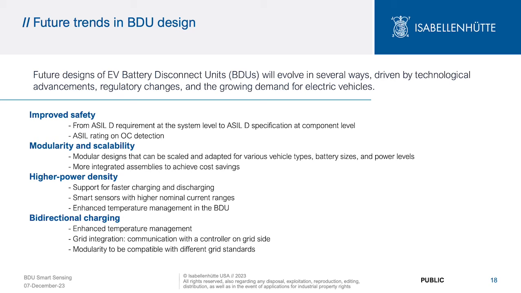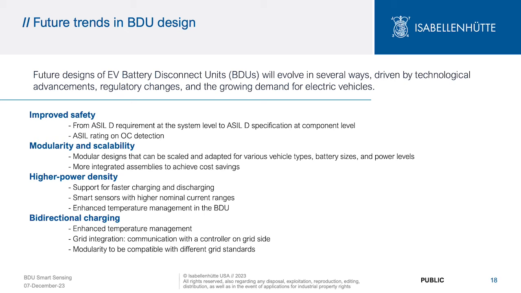So a goal here of the OEMs is definitely to be able to roll out designs to different vehicle types, battery types and sizes, and power levels. And that can be achieved by basically making the interfaces homogeneous and easier to roll out. And obviously, if you think about it, those more integrated assemblies are easier to roll out and can achieve cost savings.